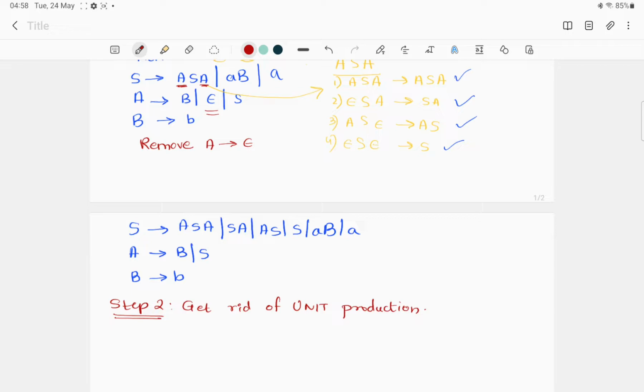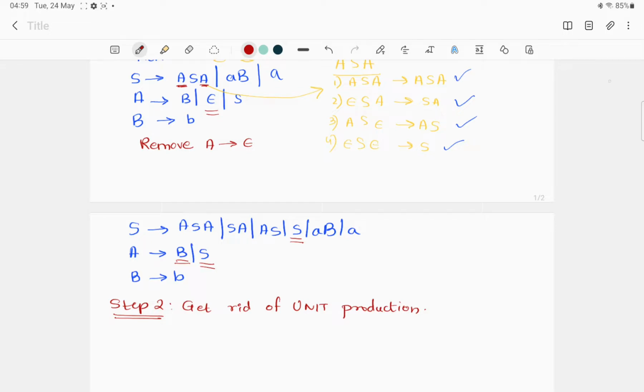So here in this grammar, can I highlight if any unit productions are there? I can say capital A giving capital B is a unit production. Capital A giving capital S is also a unit production. Capital S giving capital S is a unit production. But capital S giving small a is not a unit production. So I have identified 3 unit productions.